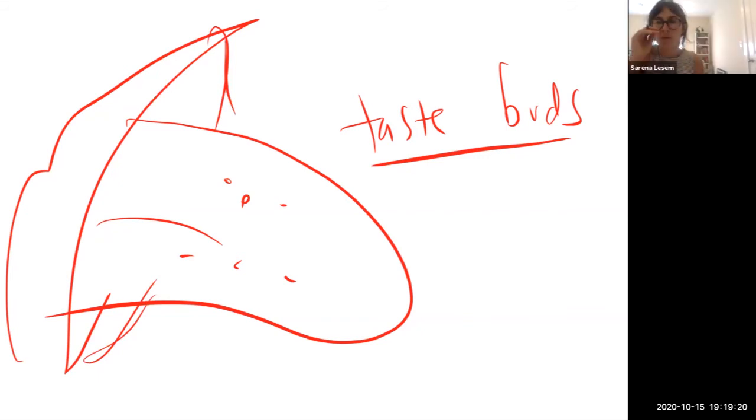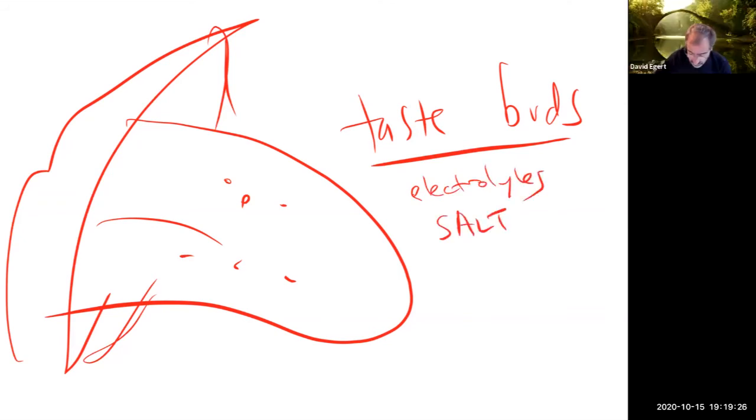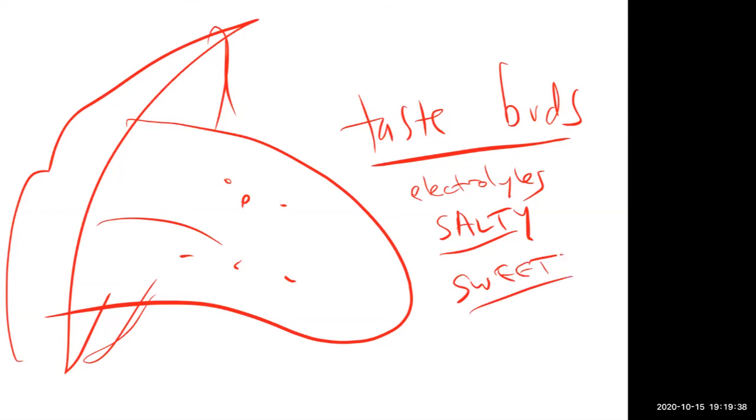Salty, sweet, umami. So electrolytes, which is salty. When we detect things are salty or not salty, there's sodium chloride there or not. What about sweet? What is sweet detecting? Glucose. Or simple carbohydrates.